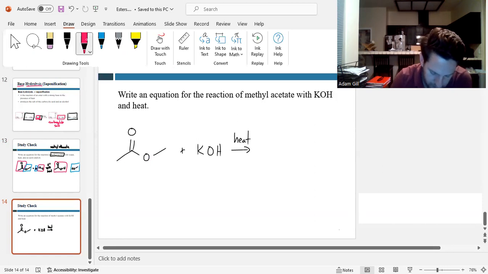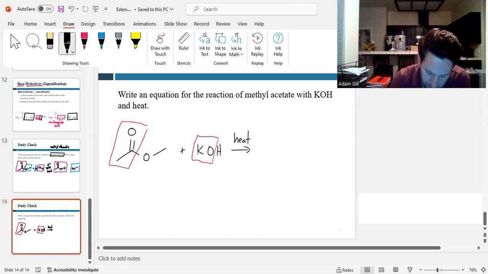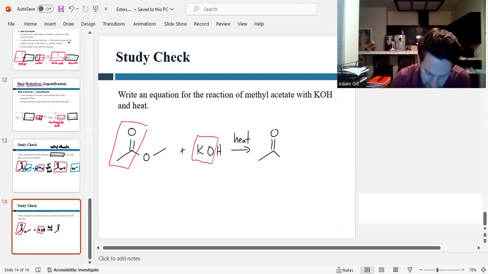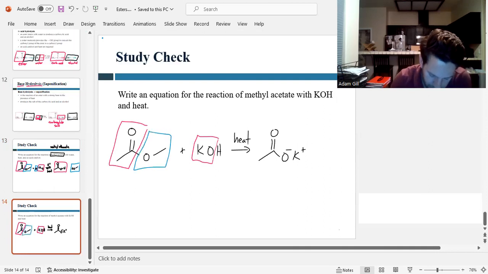So similar process, we cut the ester open. And that's going to give us our carboxylate salt. It's going to be O minus K plus. And then the other thing we're left with is going to be our alcohol.